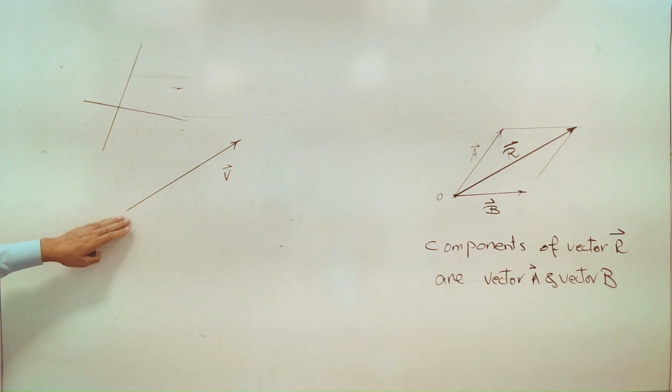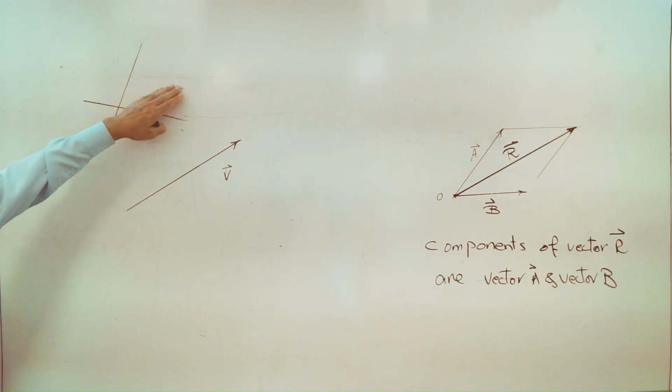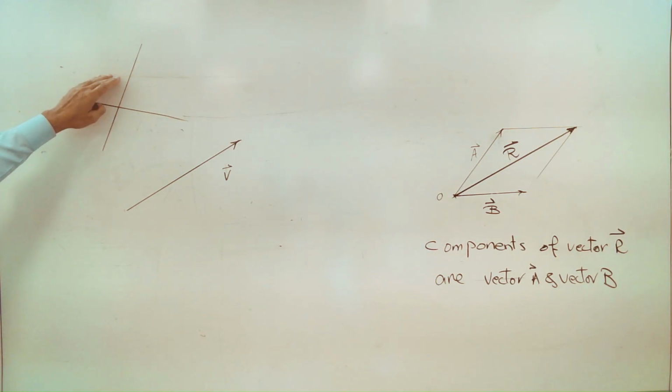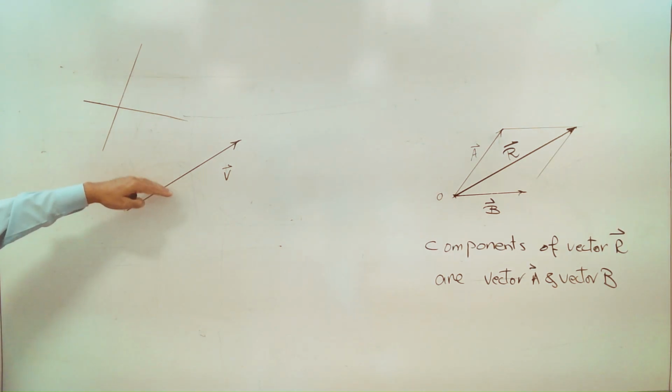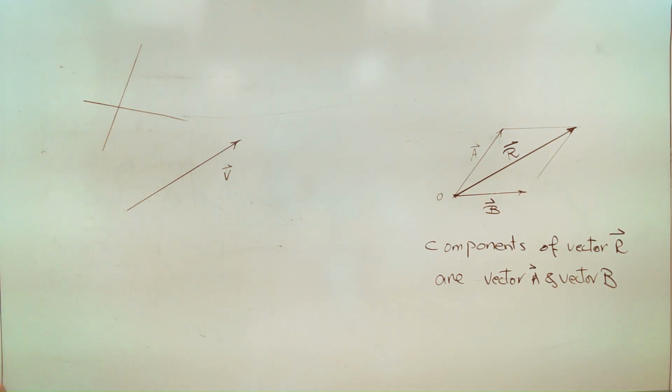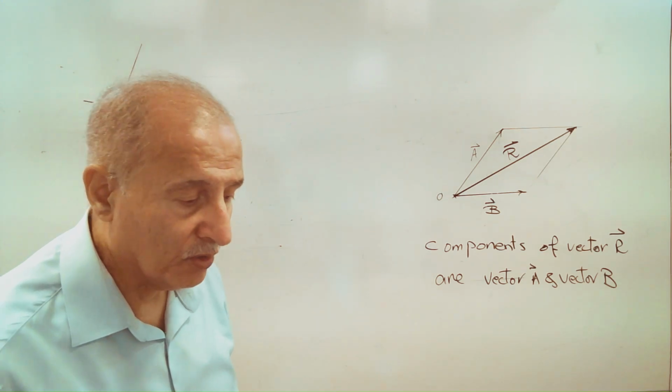We say resolve this vector into two components in these two directions, or decompose this vector along these two directions. How do we do that?